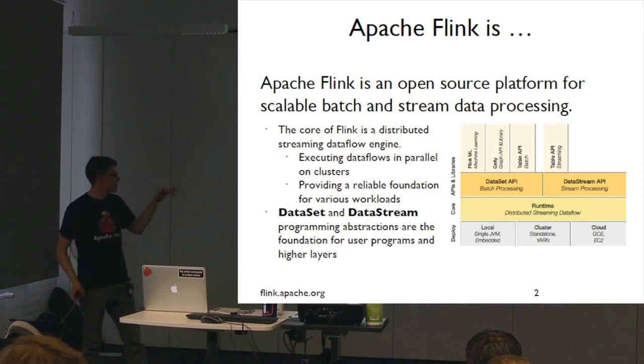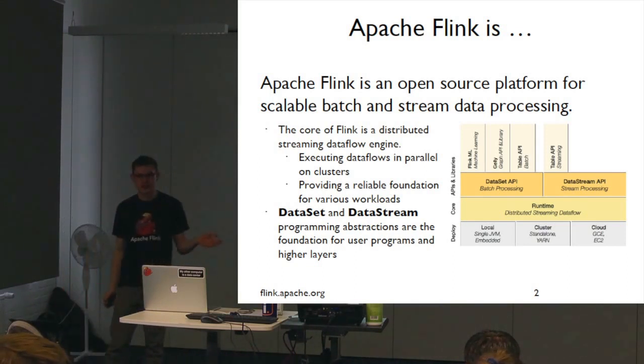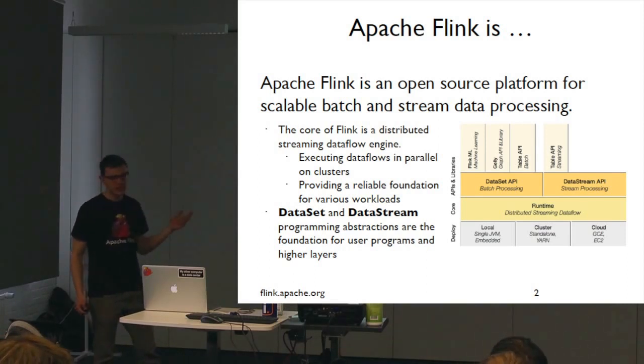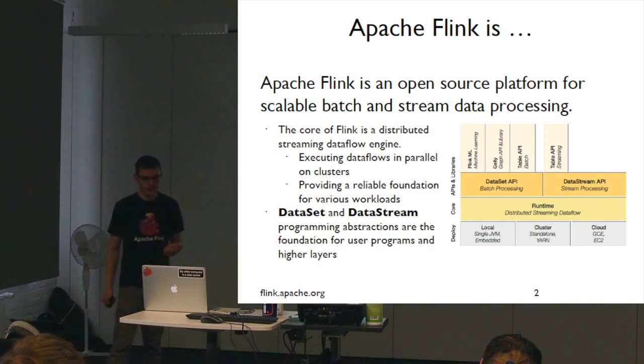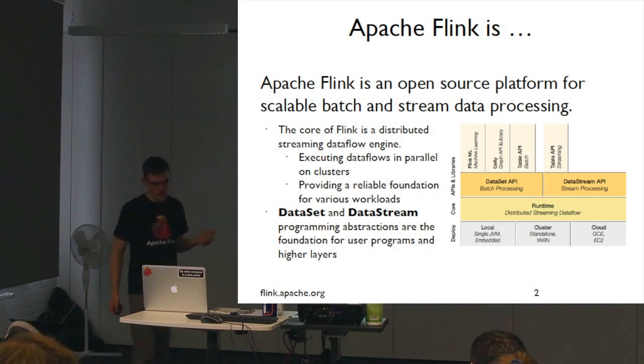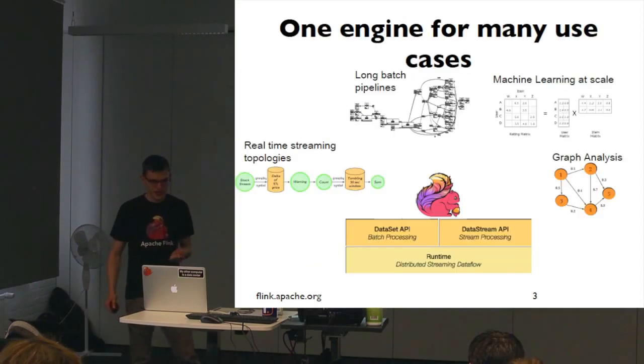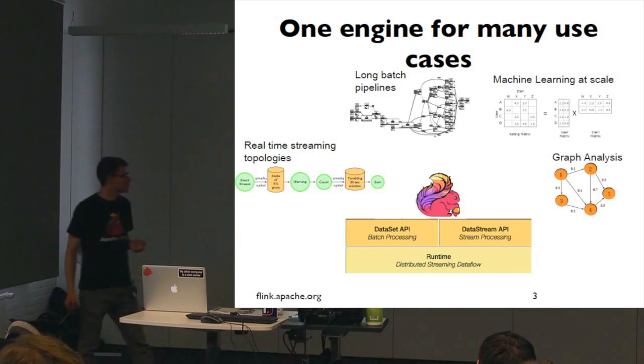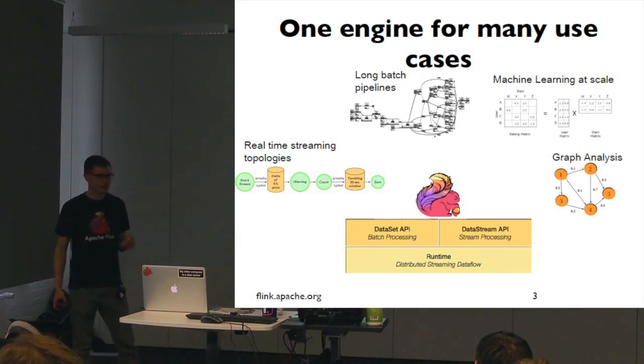And you can deploy that runtime on different platforms, like on your local JVM, on a cluster, on Yarn, or on different cloud providers. And we are building, together with the Flink community, libraries and abstractions on top of the programming APIs of Flink. The Flink runtime or engine is able to help you with a lot of different use cases.